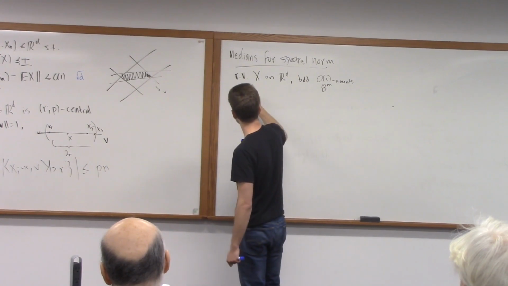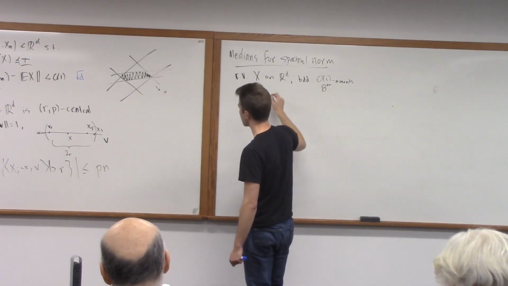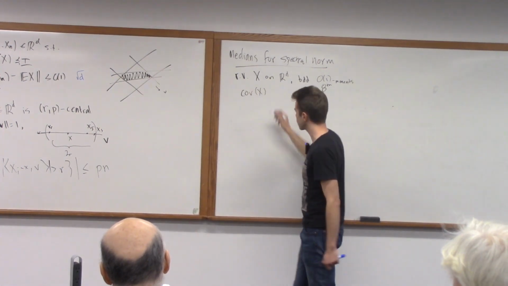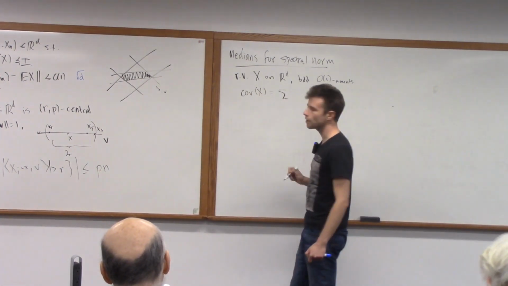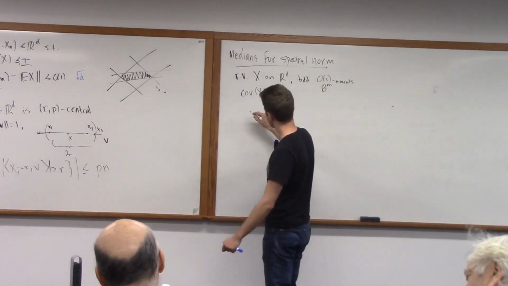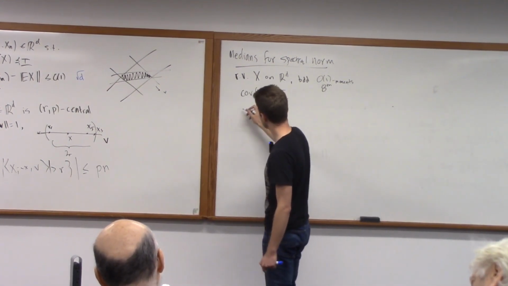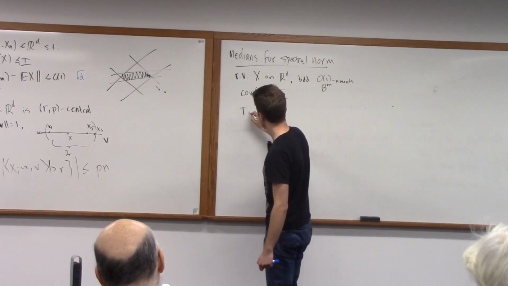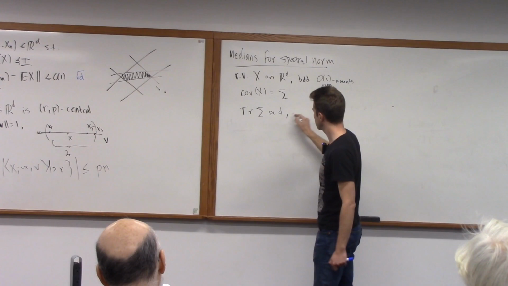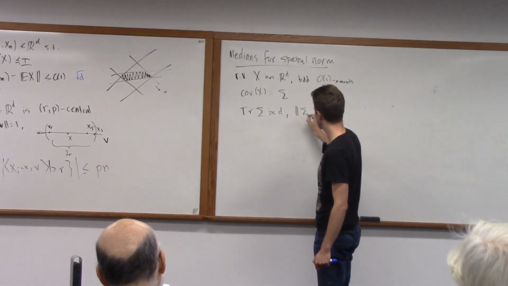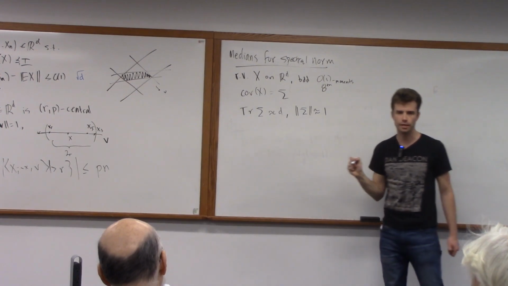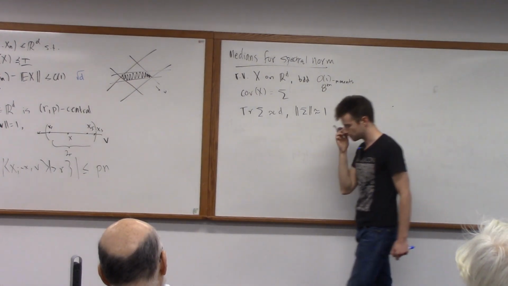And let's just say that it has covariance, a matrix sigma. Since my whole goal was to estimate a covariance, I better deal with an unknown covariance. But for normalization purposes, I'm going to assume that the trace of sigma is roughly the dimension d, and the spectral norm of sigma is like 1. So this is sort of comparable to the identity matrix in a loose sense.